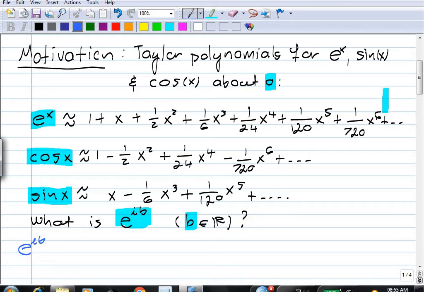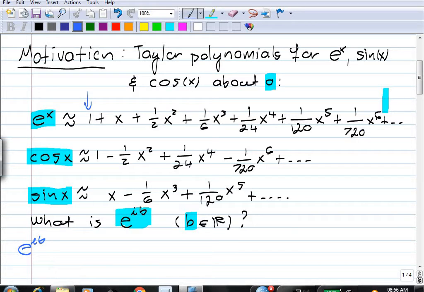Well, we'll note that the Taylor polynomial approximation for e to the x makes sense even if we plug in a complex number, since we're just taking x to an integer power. So if we replace the real x with a complex number, this expression still makes sense.